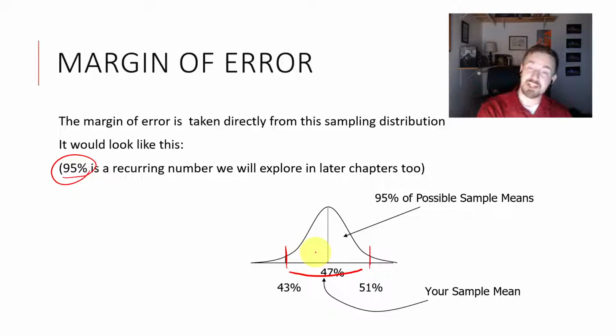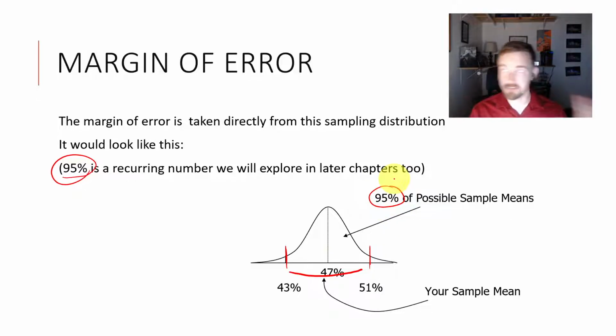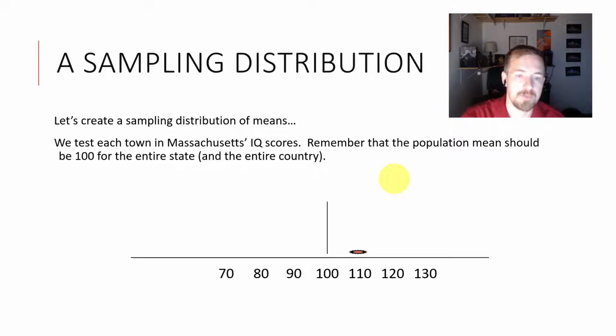Because if you think back to chapter 5, remember the z-scores and how we know where these values are coming from based on their z-scores and how far away they are from the mean? That's exactly what we're going to do. We're going to look at, in 95%, roughly 2 standard deviations above and below the mean for the sample. So let me give you a more concrete example here.